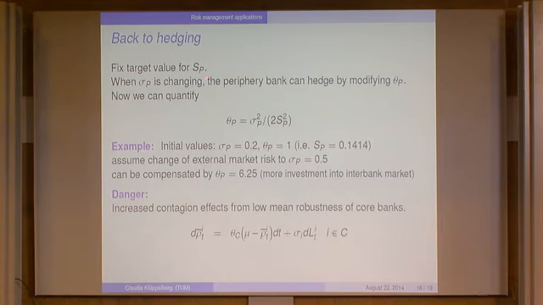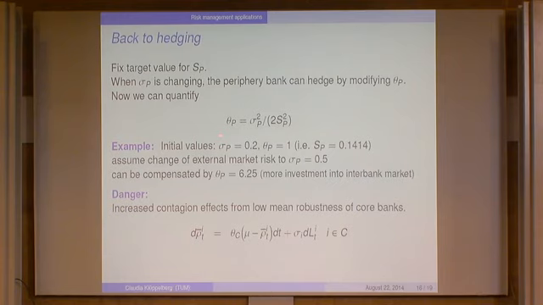So when the market volatility sigma p is changing, as we already understood from the simulation, the periphery bank can hedge by modifying theta p, and here now we know how.